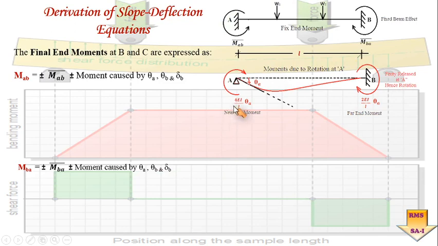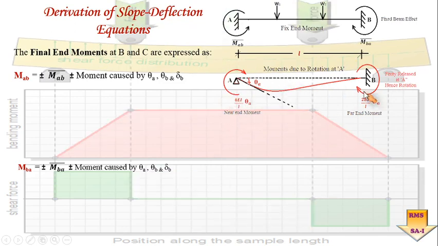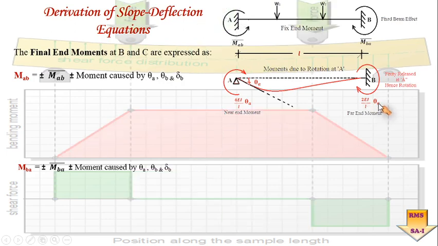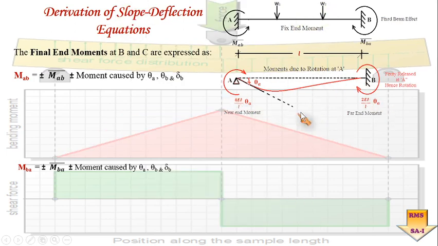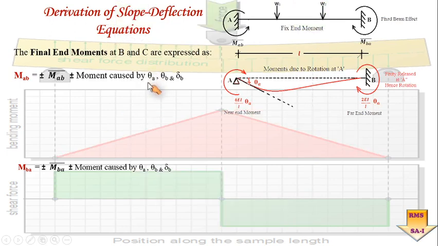So you can see here the near end moment is 4EI by L theta A, whereas half of the moment will be transferred to the far end. That is equal to 2EI by L into theta A. So this is the understanding of the first moment caused due to the rotation about point A.